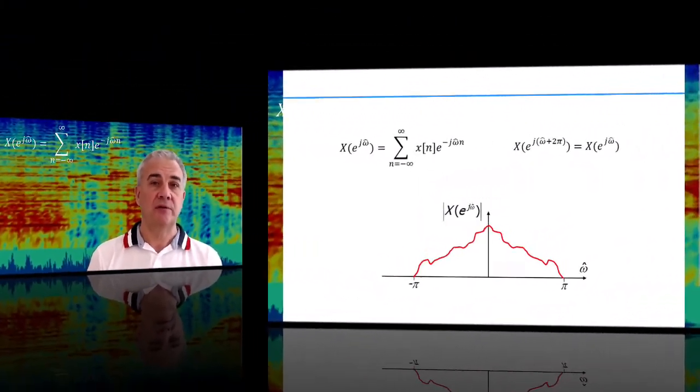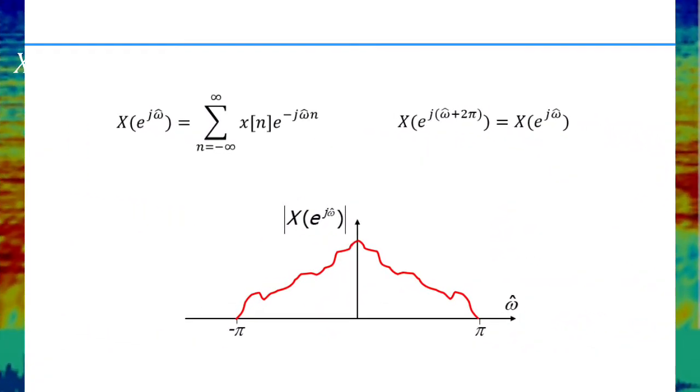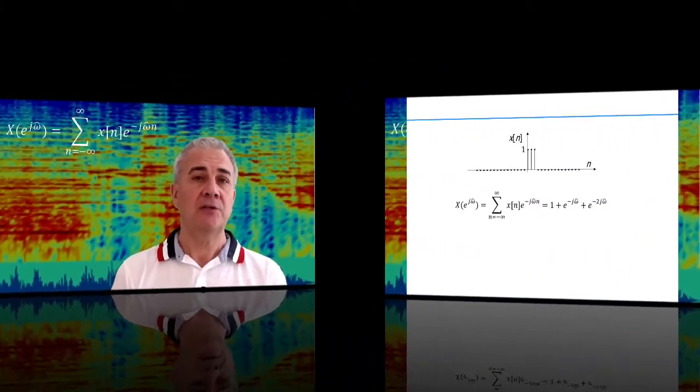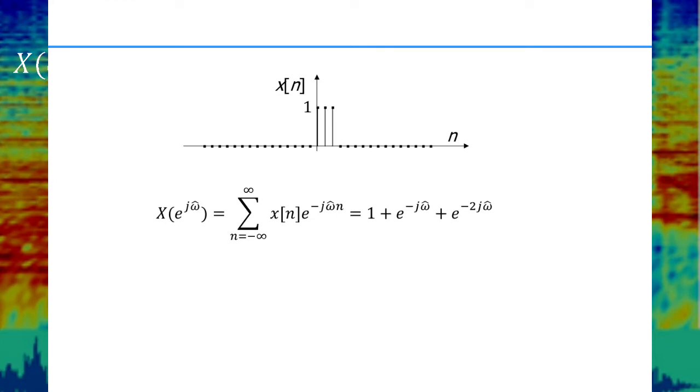For that reason, the DTFT is usually plotted for omega between minus pi and plus pi. Realize again that this corresponds to the observation in lecture 3, namely that due to the sampling theorem, the maximum digital frequency is pi.